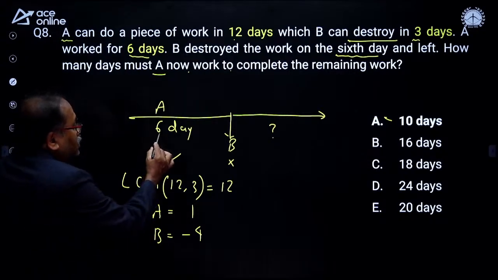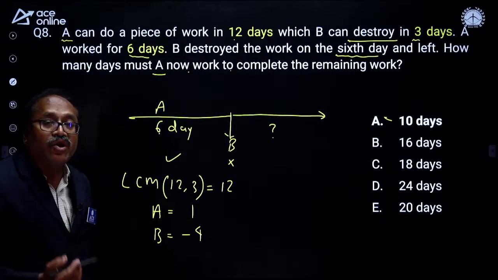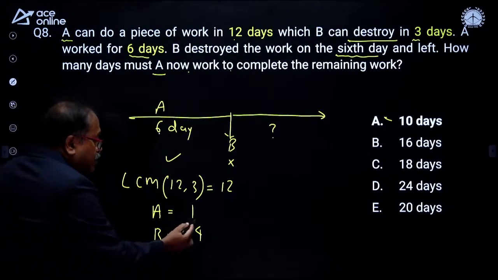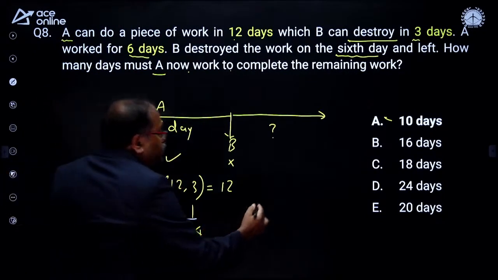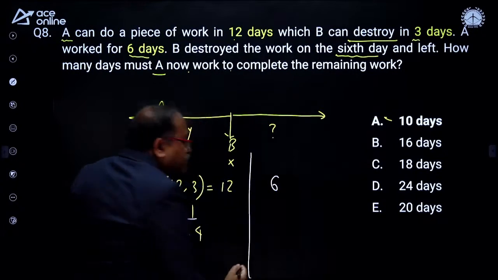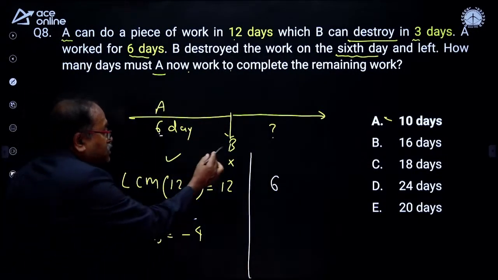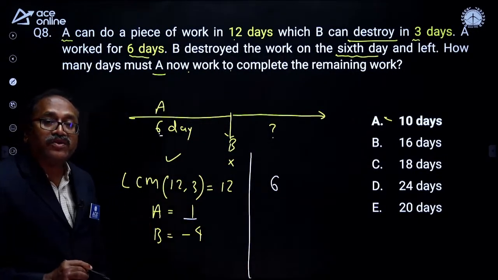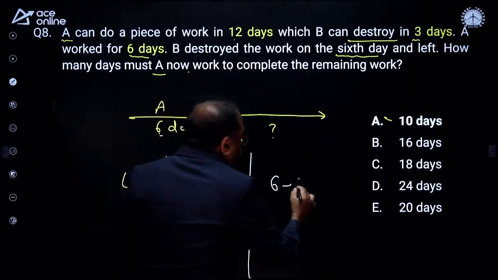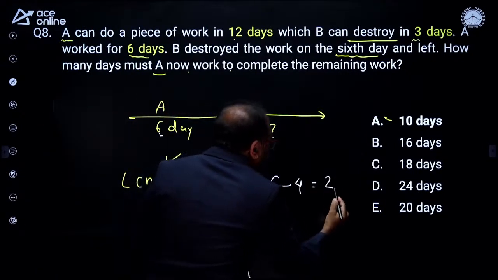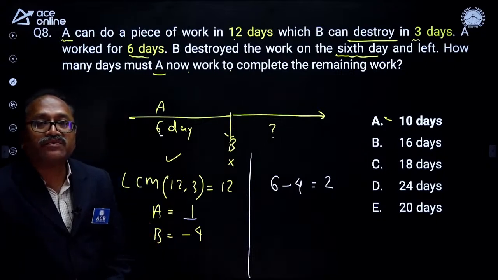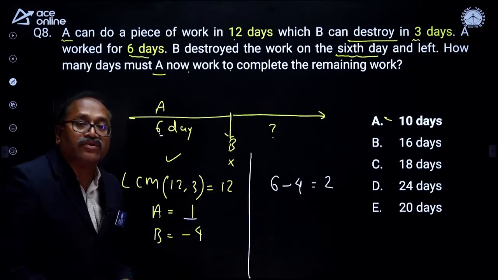In 6 days, A will do how many units of the work? Per day 1 unit. In 6 days, 6 units. And on the 6th day, B destroyed 4 units. Minus 4. So up to the 6th day, 2 units were completed out of a total of 12 units.